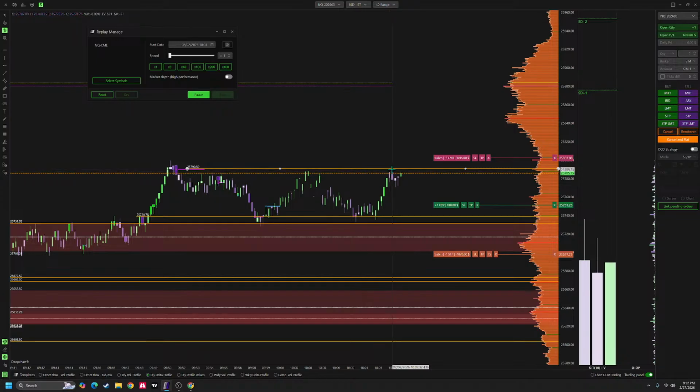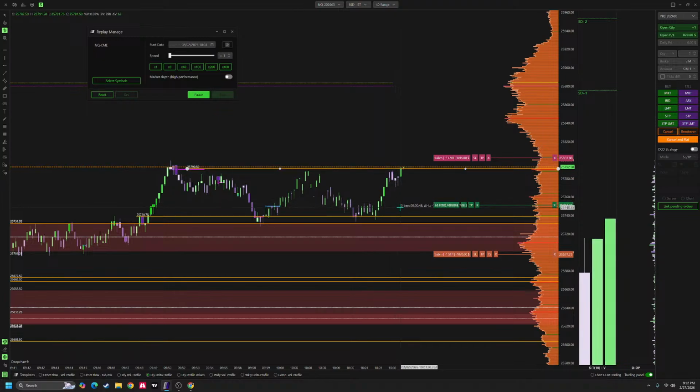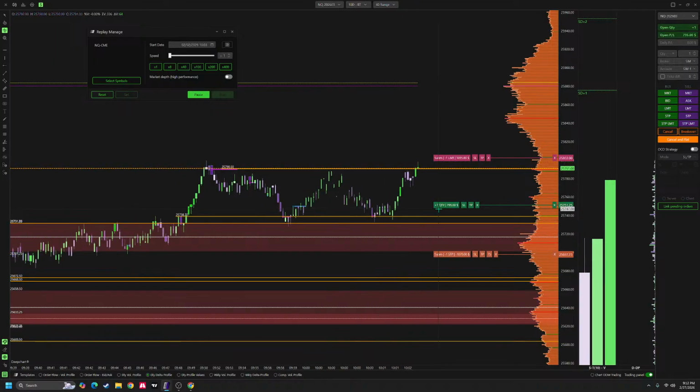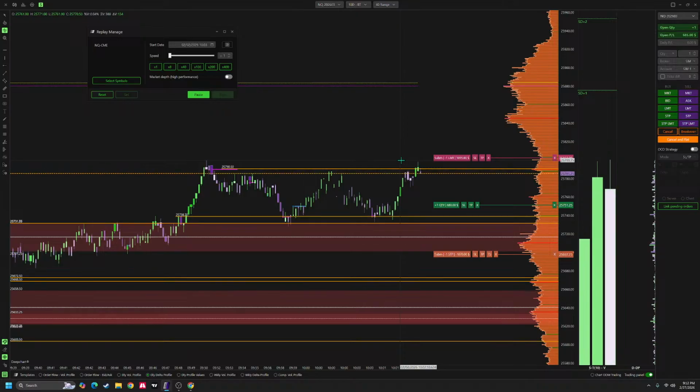I do expect us to retrace about 40 points. So I would expect it to come back to my entry in some cases. So we missed it by a tick right here.